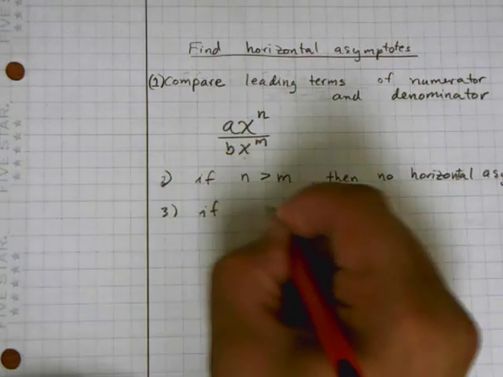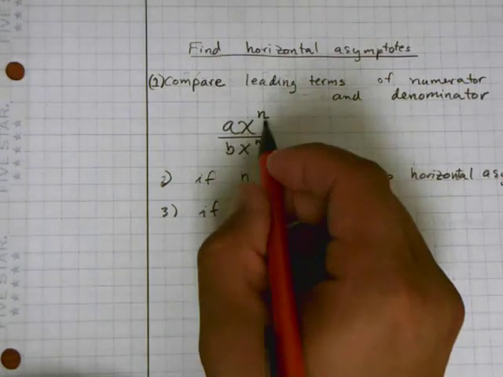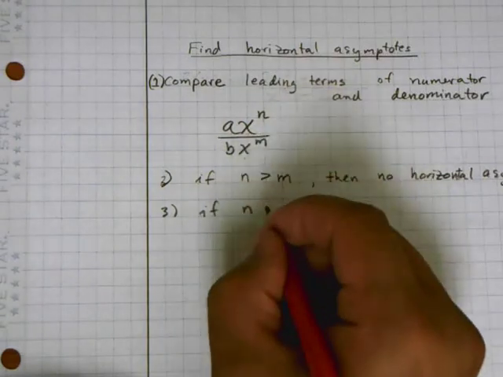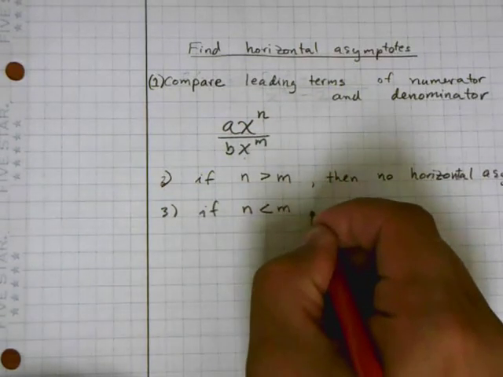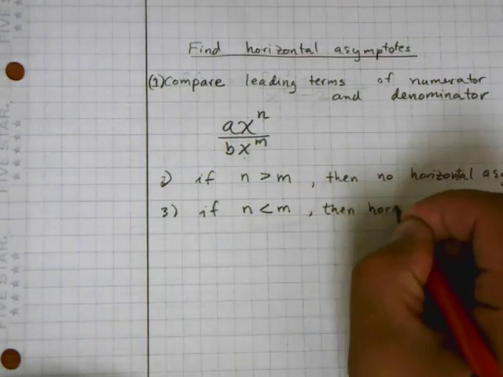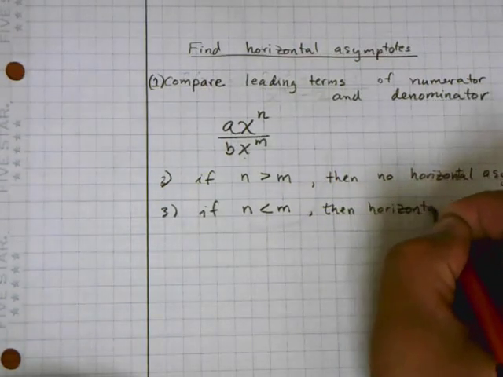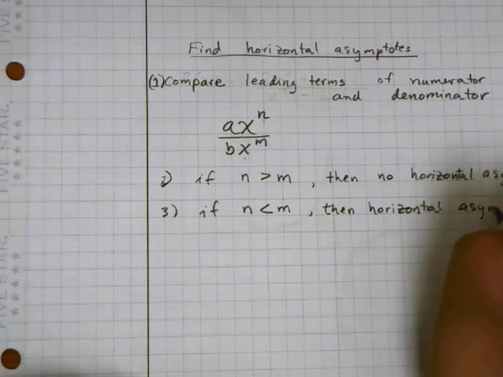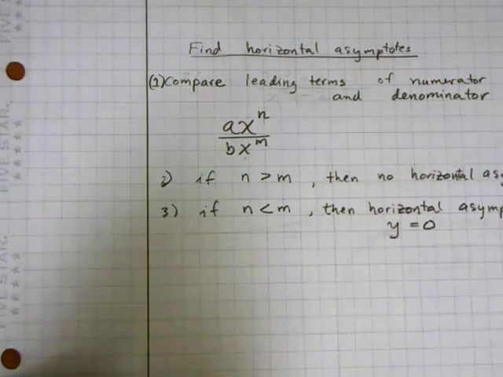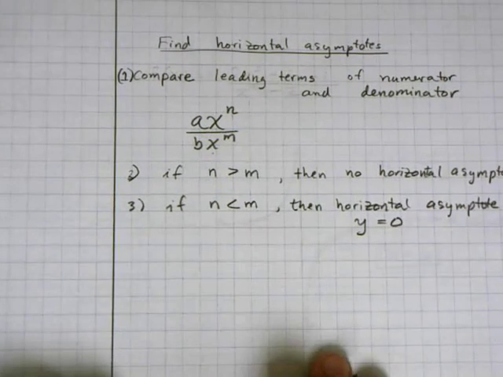If the power on the numerator is smaller than the power on the denominator, then the horizontal asymptote is y equals 0, or another way of saying, the x-axis.